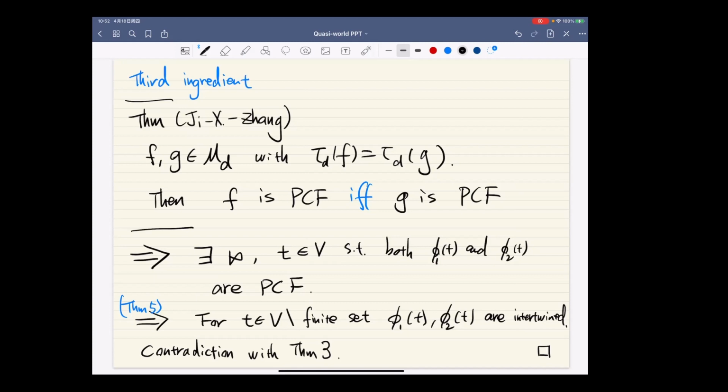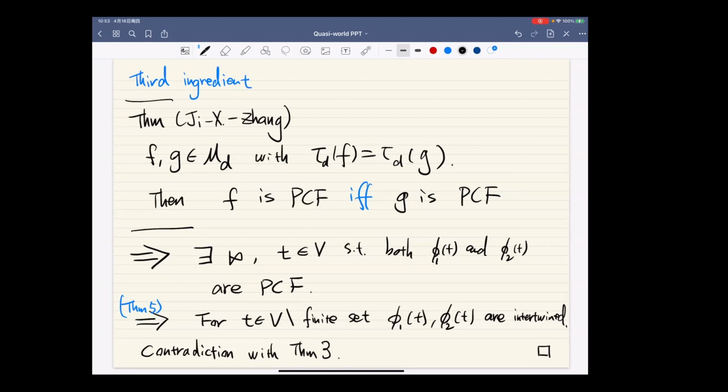But in Q star, if you look at the multiplication as an addition, then you can view this Q star as some group, and if you tensor with Q, then you can view it as a Q linear space, and you have infinitely many points in this Q linear space.